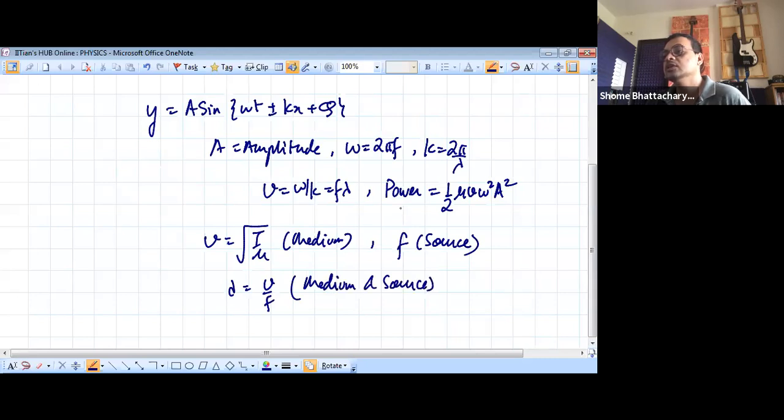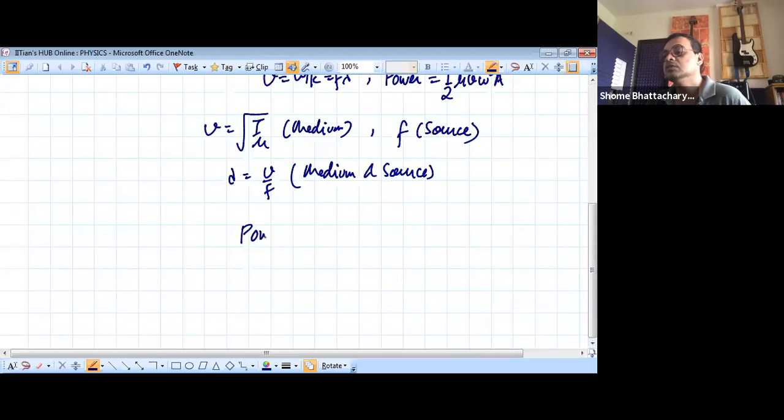And accordingly, the power also adjusts itself. So you can see that the power being half √(Tμ) into ω² A², or (1/2) μ v ω² A².